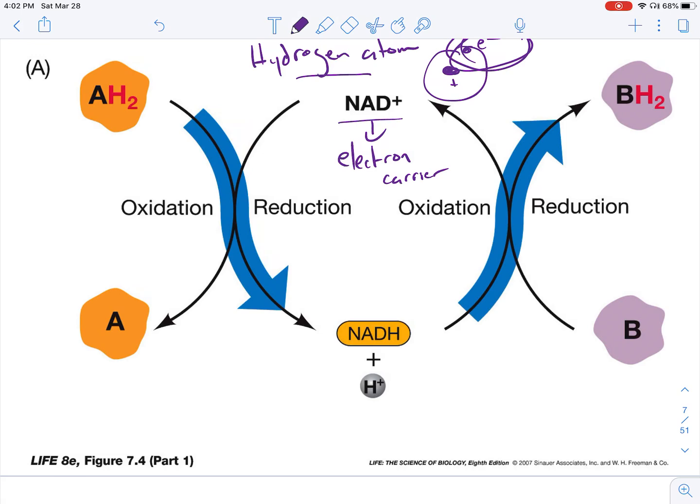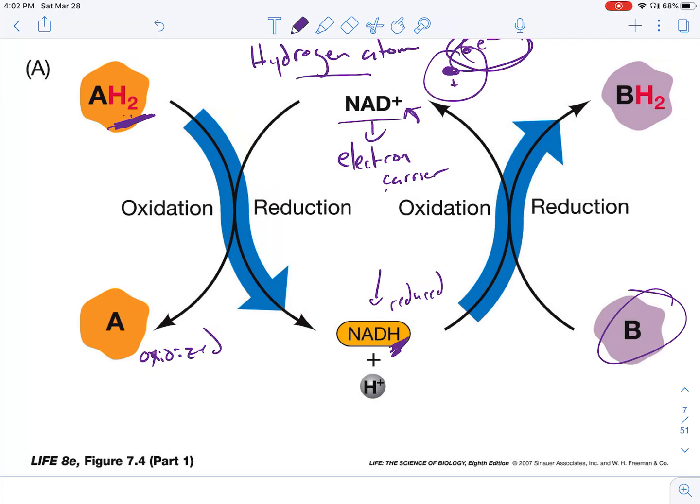This particular one is NAD+. So NAD+ has an oxidized form and it has a reduced form. Here, the oxidized form picks up a pair of hydrogens from this reduced compound. It becomes reduced, and this becomes oxidized. Then it is able to carry the electrons that are associated with this hydrogen to some other molecule.